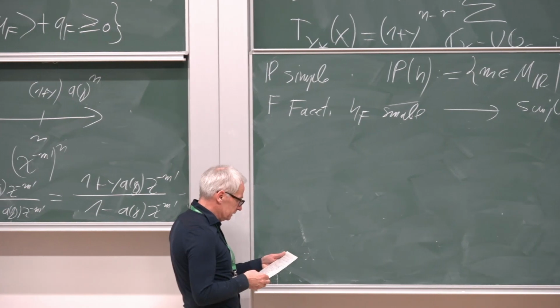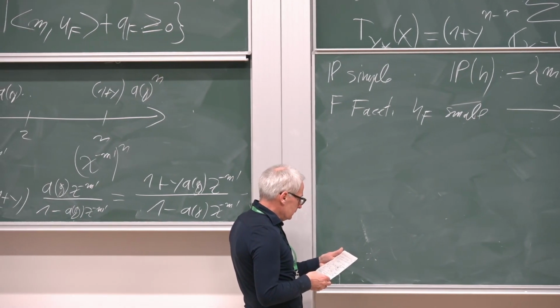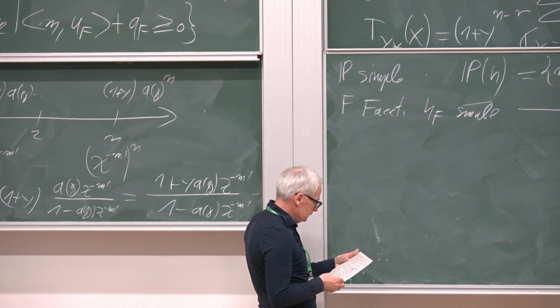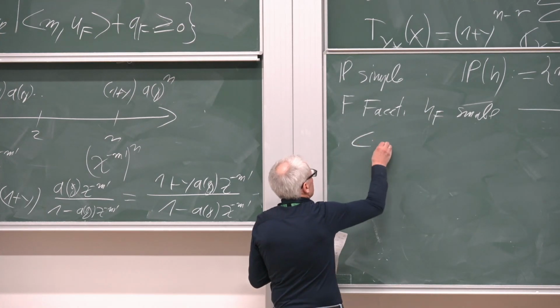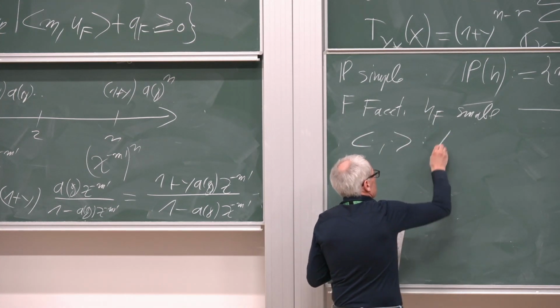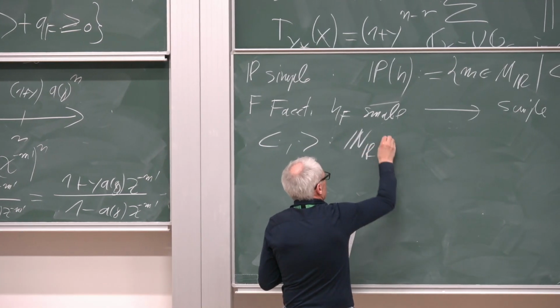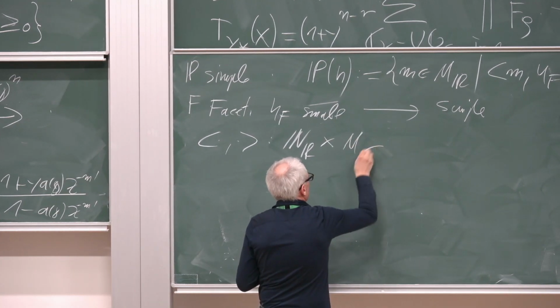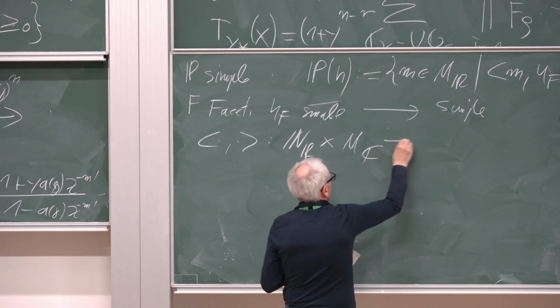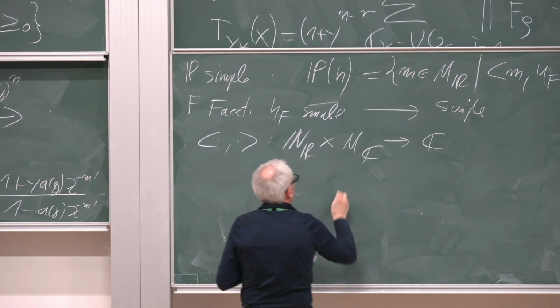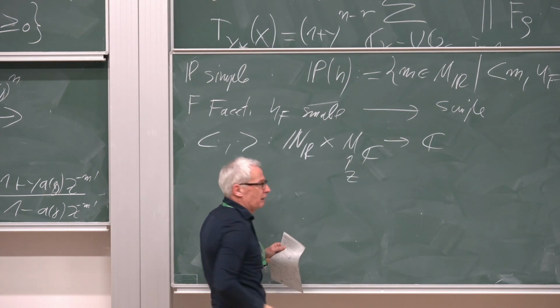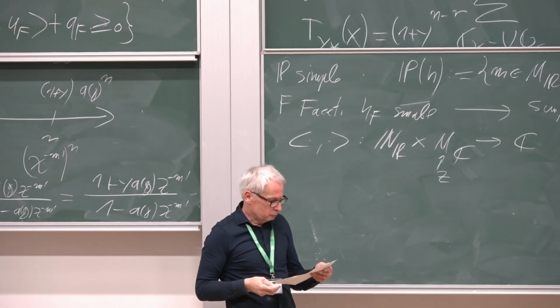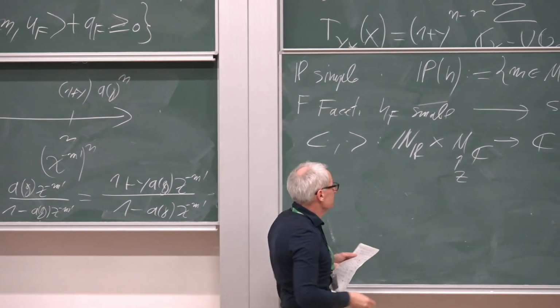What are the final players I need? I still need, let's see, the pairing, we extend now from the real lattice on one side, but on the other side we can even allow complex parameters if you want. This goes now to C. No, on the other side.